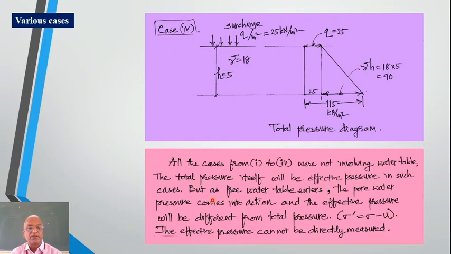But as the free water table enters, the pore water pressure comes into action, and the effective pressure will be different from the total pressure, and that will be given by sigma dashed is equal to sigma minus u, total pressure minus pore water pressure. The effective pressure cannot be directly measured. Sigma dashed cannot be measured, but we can always calculate sigma and u, and the difference is nothing but the effective pressure.